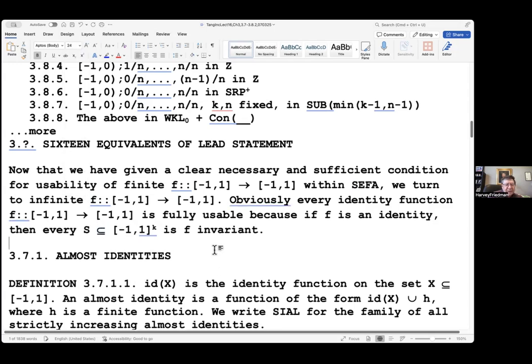So identity functions is true. I'm just remarking it's trivial.